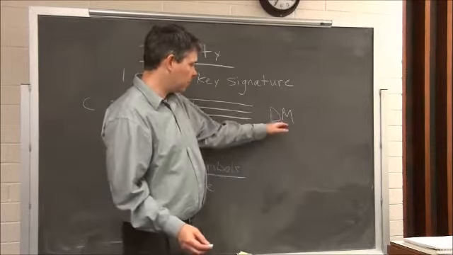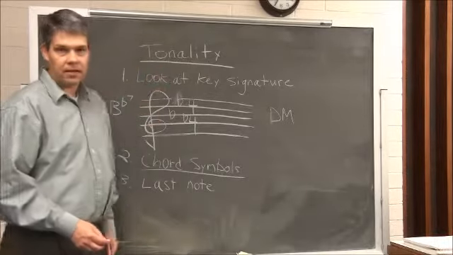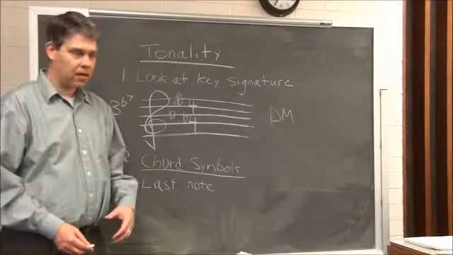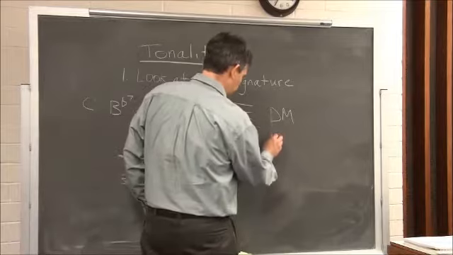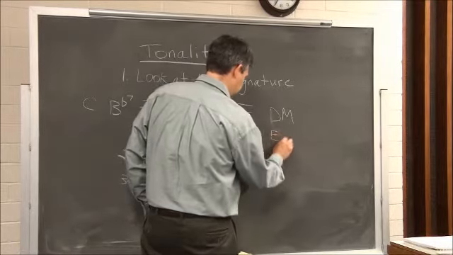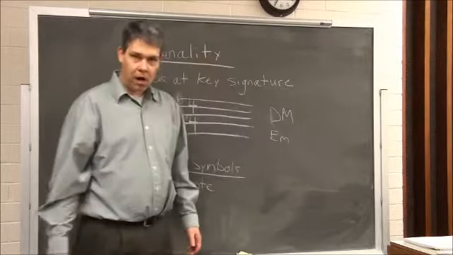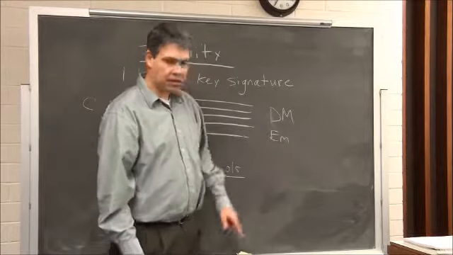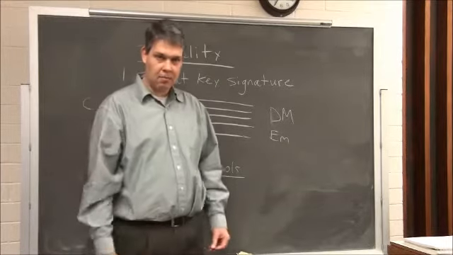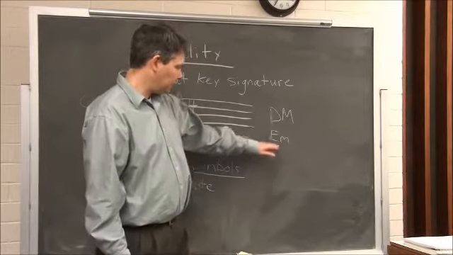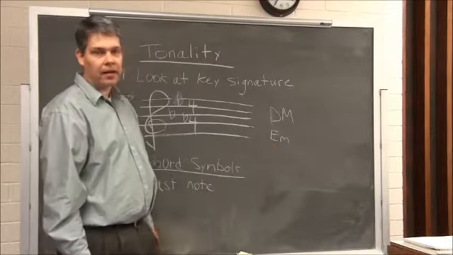So I know from the last chord that my song is in D major. That's its tonality. It's based on D. If you see something like this with a small m, the small m tells me that it's minor. It's a minor mode. So the tonality, if this were the last chord of the song, would be E minor.